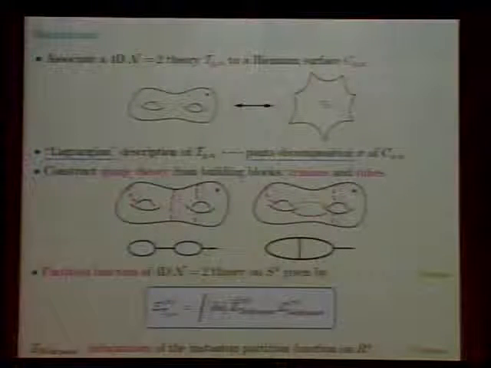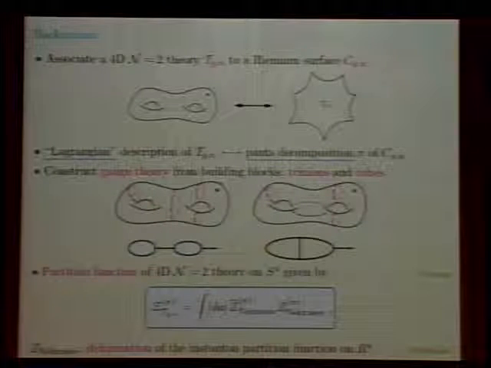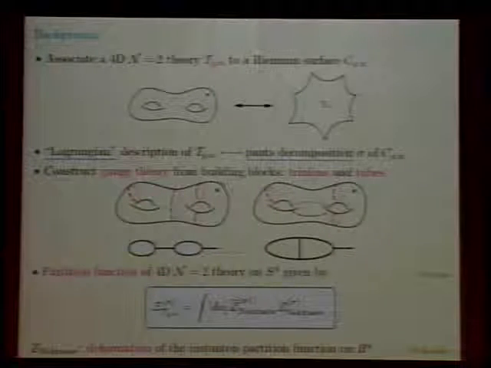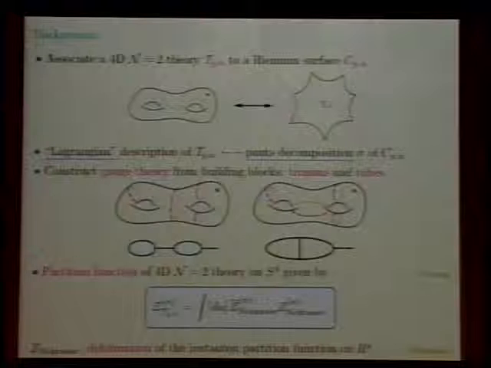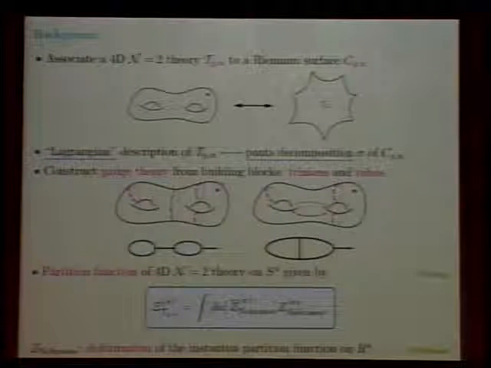The sewing is made manifest by showing where the tubes in the decomposition of the Riemann surface into trinions and tubes are. So here, for example, I have the tube going this way. Here I have the tube going that way. And to each sewing, you can associate a four-dimensional N=2 Lagrangian. And these two Lagrangians are supposed to be two different corners of describing the same unique theory T_{2,1}.